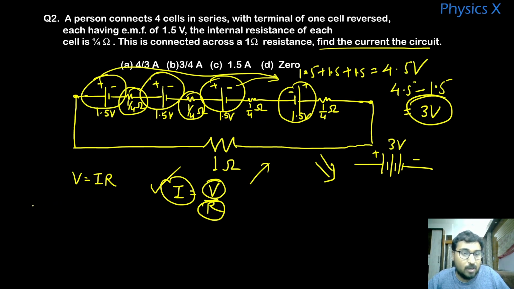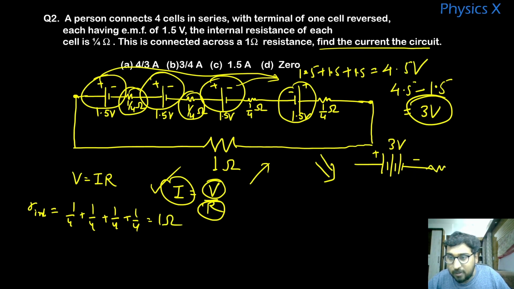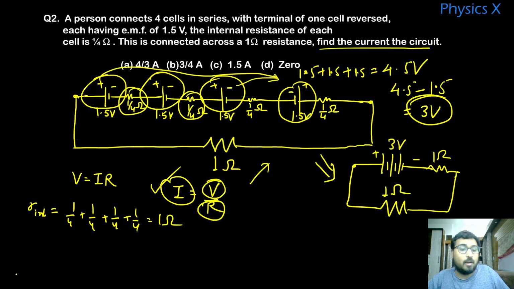So the total internal resistance is 1 by 4 plus 1 by 4 plus 1 by 4 plus 1 by 4, which makes it equal to 1 ohm. So this is the internal resistance of the battery, and now this is connected to your 1 ohm resistor. This is the final circuit which you are left with.